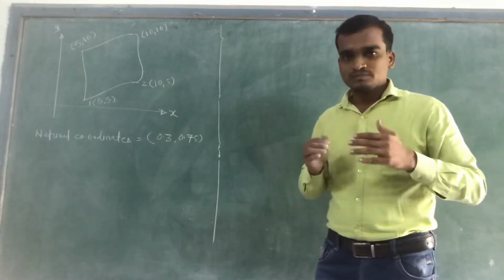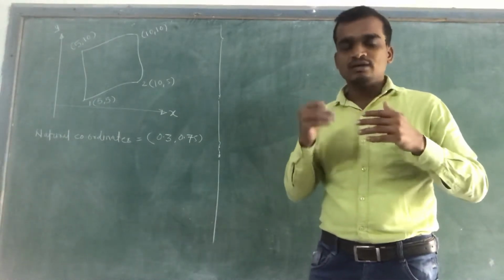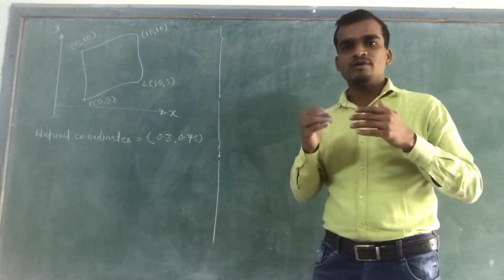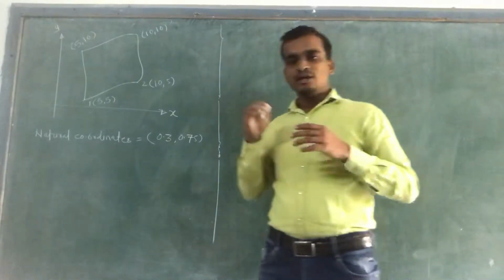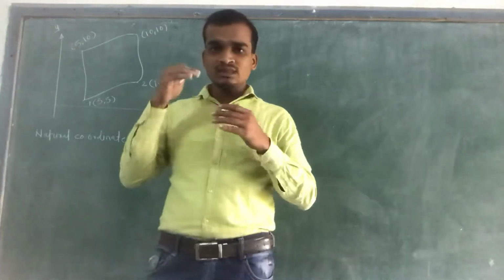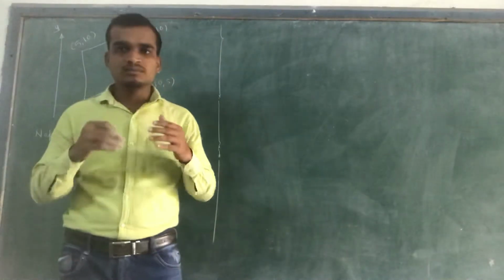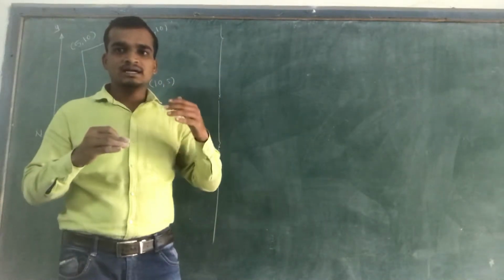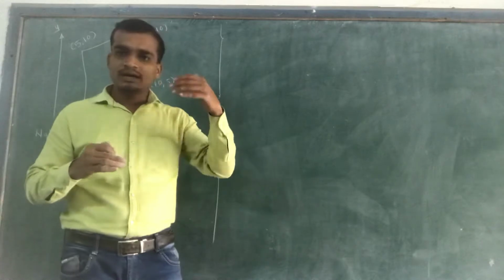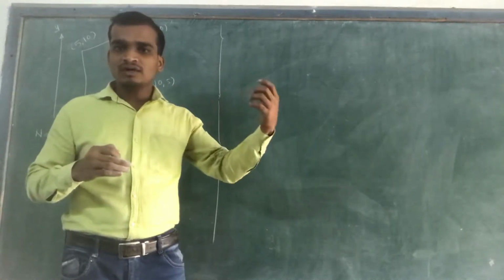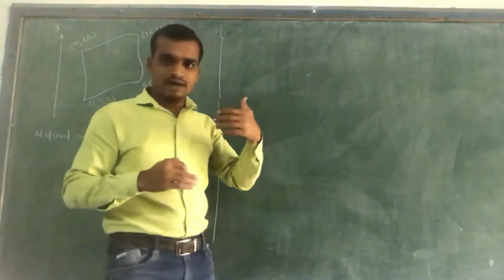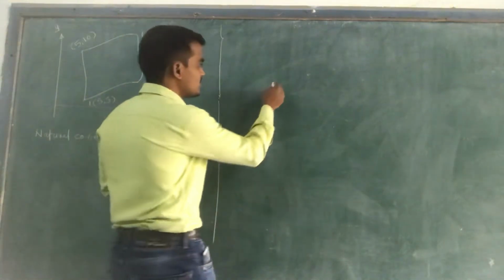What is the requirement of these isoparametric elements? They overcome the problem that arises in mapping triangular or rectangular elements to irregular geometries. I will explain this with the help of a diagram.